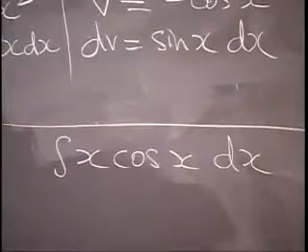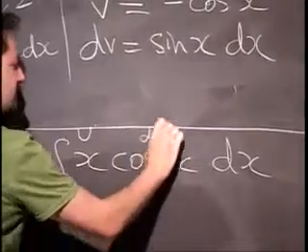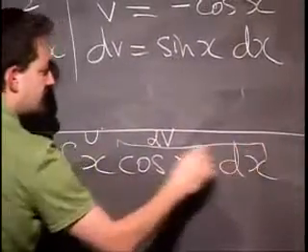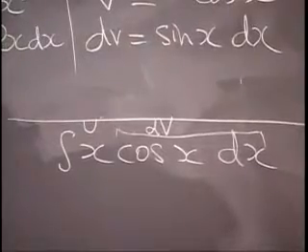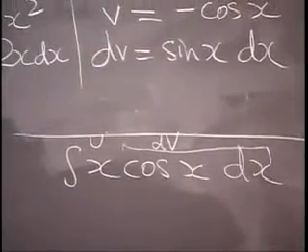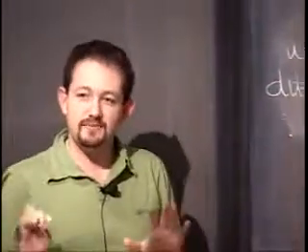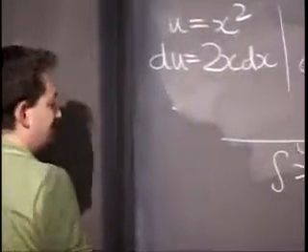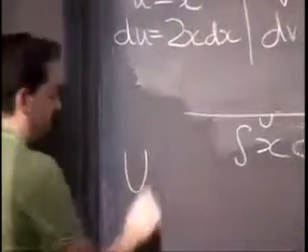Same principle. Let u be x and dv be cosine x dx. And this time, although it may not be easy to see, I'm actually using a capital U and a capital V, because in this problem I've already used a little u and a little v, and I feel like you shouldn't reuse variables that you might need again. In this case we won't, but it doesn't cost too much time to put a big U instead of a little u.